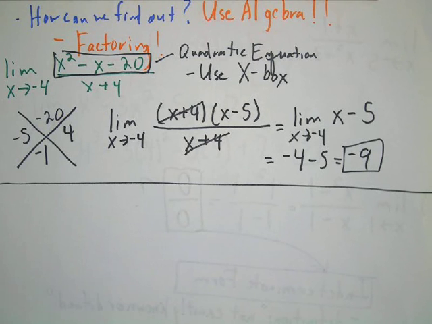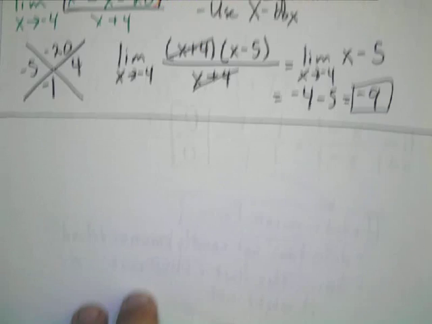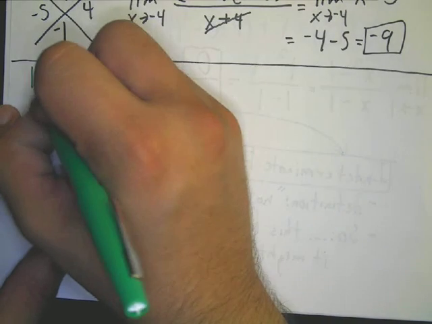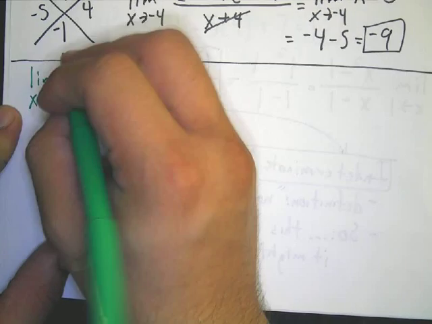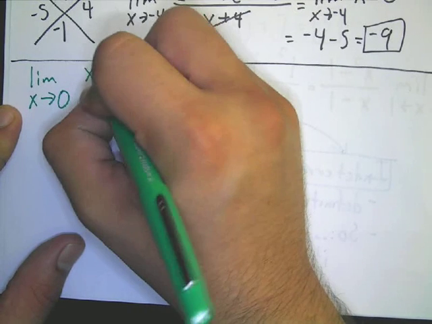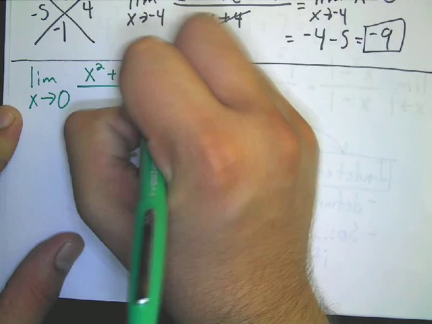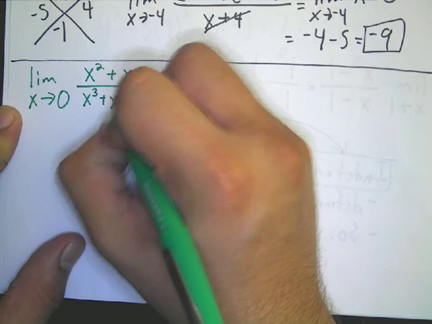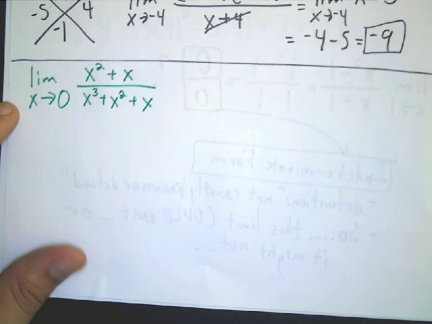Let's look at this. Let's say that the limit as x approaches 0 of x squared plus x over x cubed plus x squared plus x.